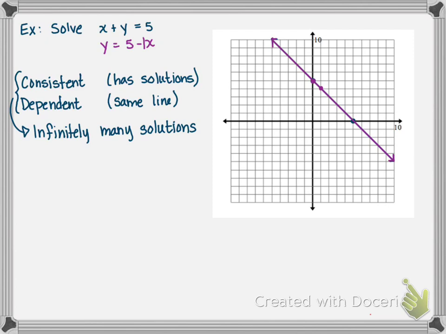So what we mean when we say infinitely many solutions is that if it's a solution to one of the equations, it is also a solution to the other. And that's why we call it dependent, right? So whether or not it's a solution to one equation depends on if it's a solution to the other. So be sure that you say infinitely many solutions here as opposed to all real numbers, because it's not true that every single point is a solution. Does that make sense?